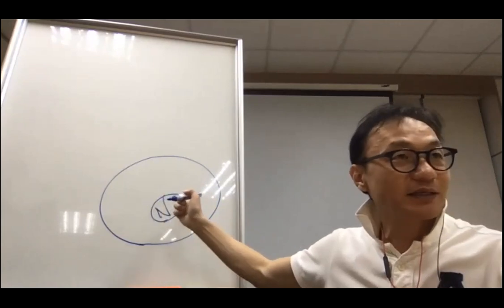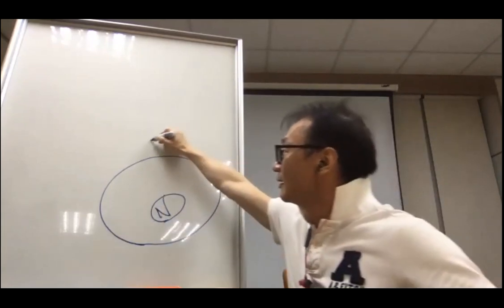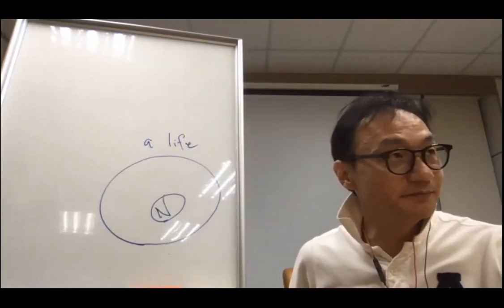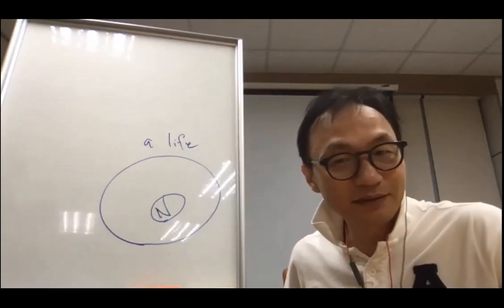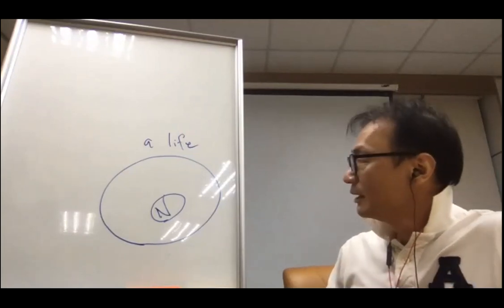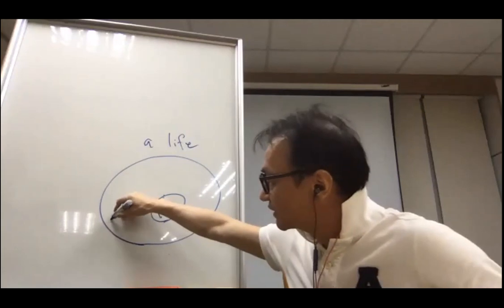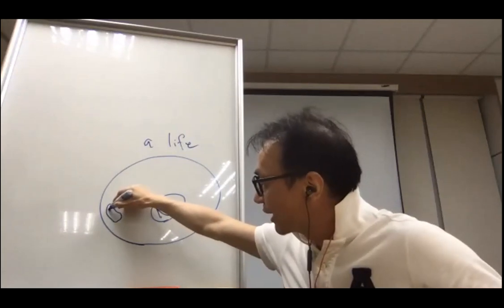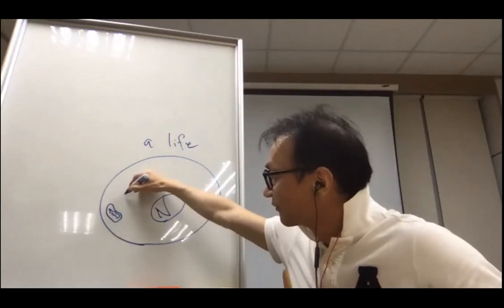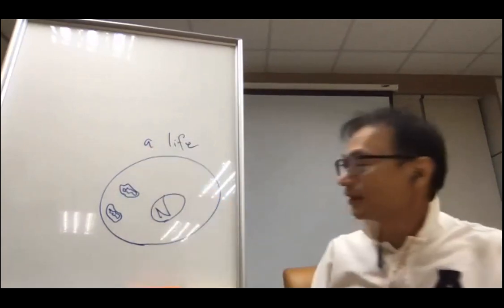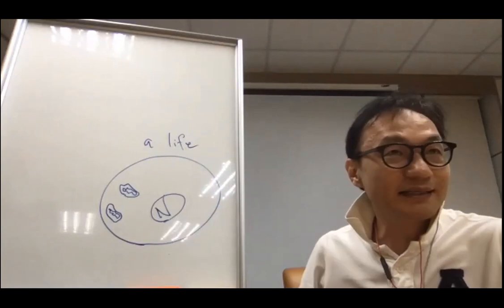So you can call this cell alive, right? Okay, but the problem comes in. When the cells are very small, you start to have small things like mitochondria, right? You have mitochondria, which is very small and is inside the cell.